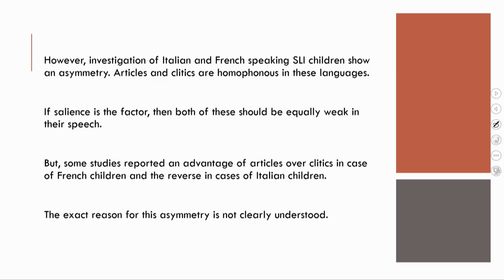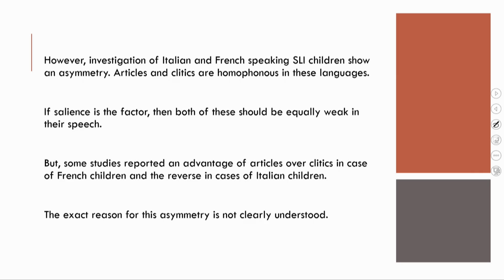However, investigation of Italian and French speaking SLI children shows an asymmetry. Articles and clitics are homophones in these languages. So, if salience is the factor, then both of these should be equally weak in their speech. That was the hypothesis. But some studies reported an advantage of articles over clitics in the case of French children and the reverse in the case of Italian children.